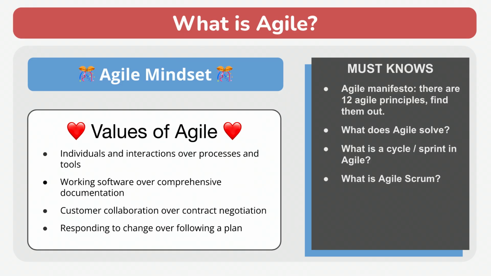But do not misunderstand that we are talking about some type of different SDLC. No, it's the same SDLC, and there's actually only one SDLC, the software development lifecycle. First, it starts with planning, designing, coding, testing, and deployment. But if you remember, the waterfall model of doing the SDLC is pretty bad.